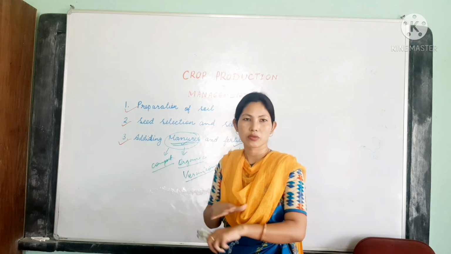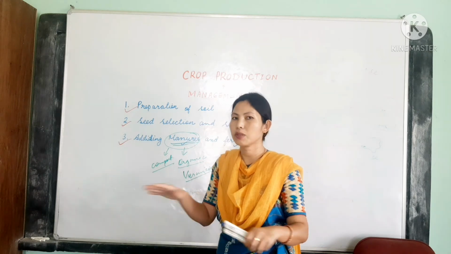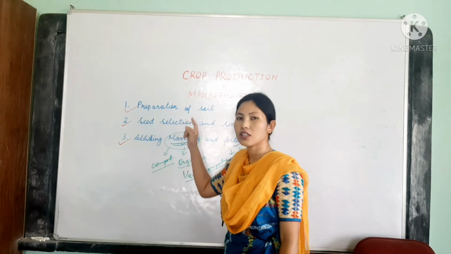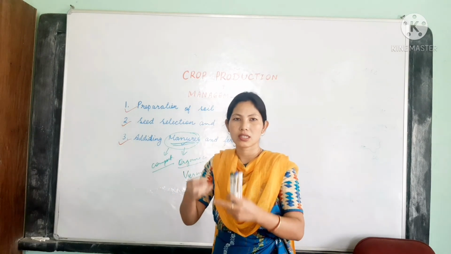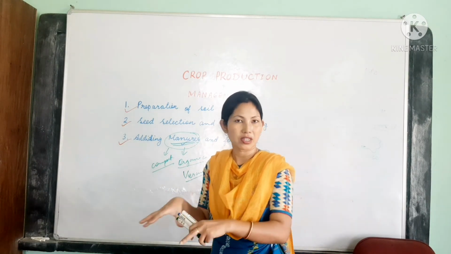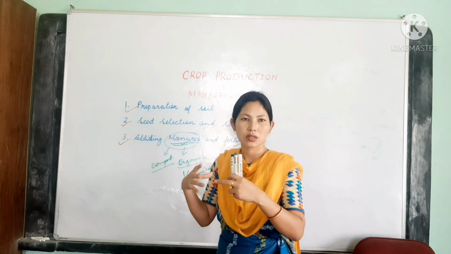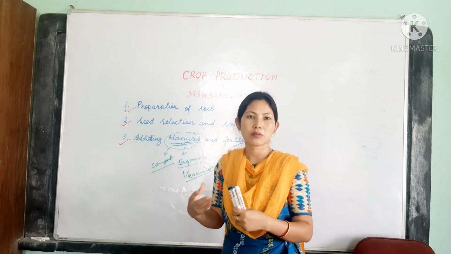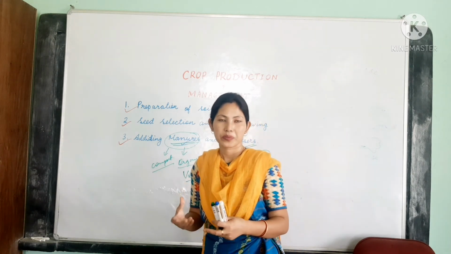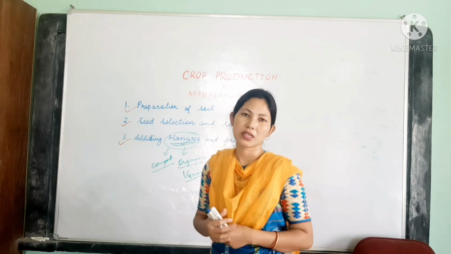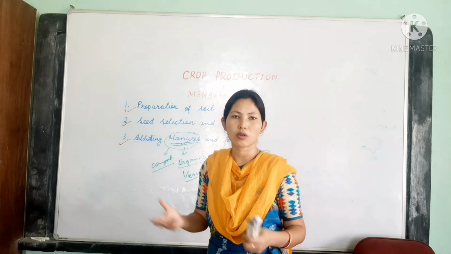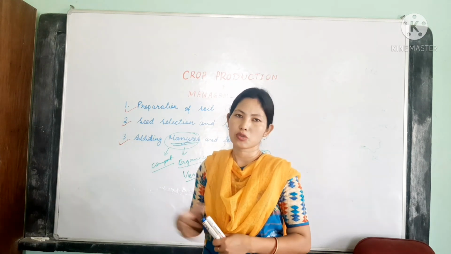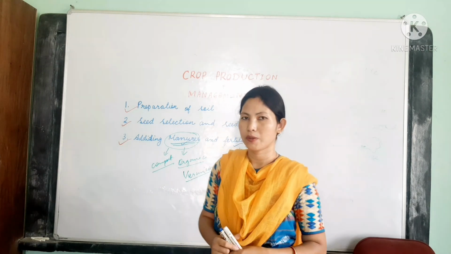If there are jungles or unwanted plants, they have to be cleared first of all, and then comes loosening and turning of the soil so that, before you sow, the seeds can germinate well and penetrate their roots well. For this purpose we require tools like the plough. There are wooden ploughs or ploughs made of iron, which are driven by a tractor nowadays, and conventionally they used to be driven by a cow or a bull.